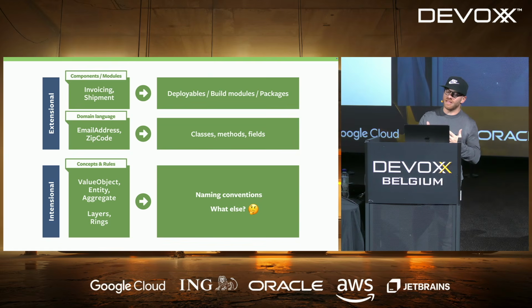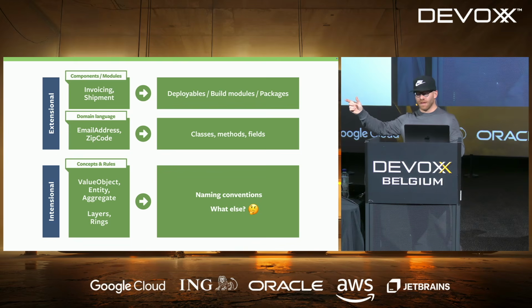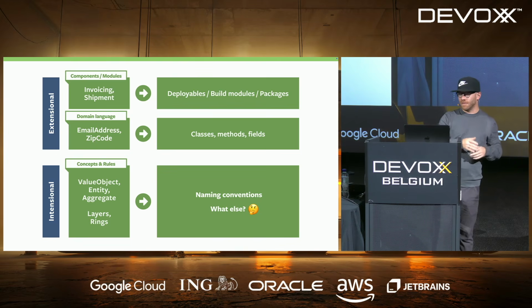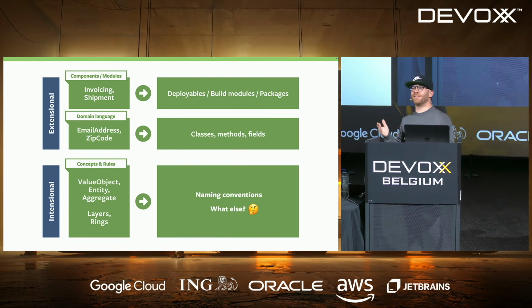And with these concept and rule tuples, how do we actually represent those in code bases, right? We could go ahead and say, okay, we want to make all our entities visible in our code base, so everything that is an entity gets the naming suffix Entity, which then results in CustomerEntity, or, I don't know, CustomerRepository, right? You've probably seen that one somewhere.